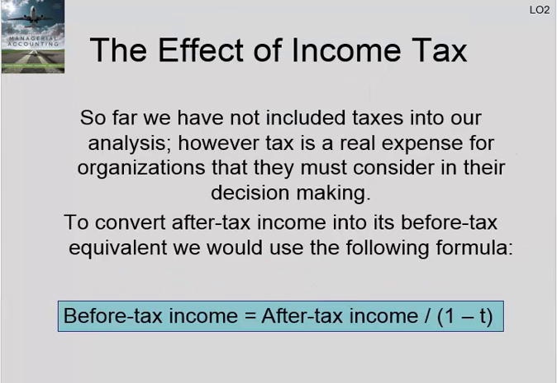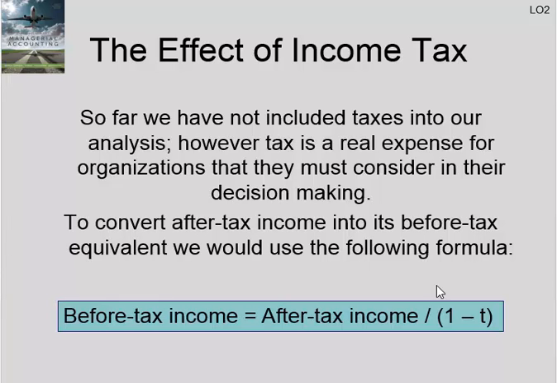Now, what happens when we introduce income tax to all of this? Well, if you're looking for an after-tax target profit, you convert it into its pre-tax amount, and then do your calculation based on that.